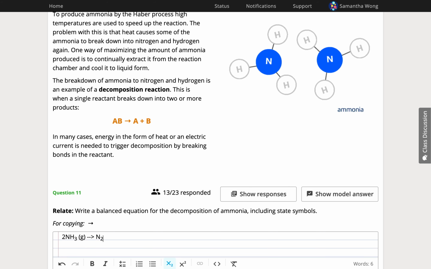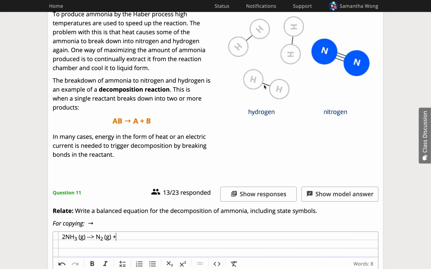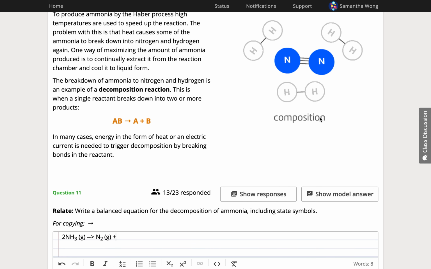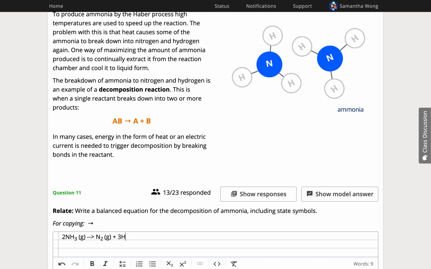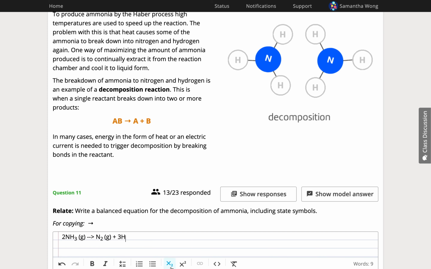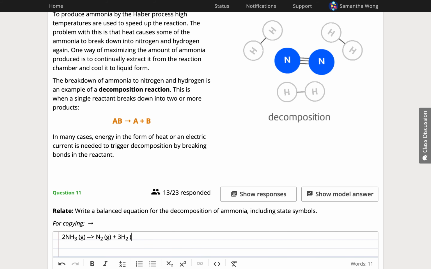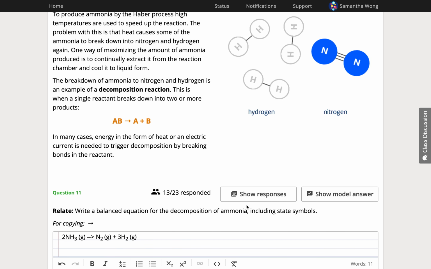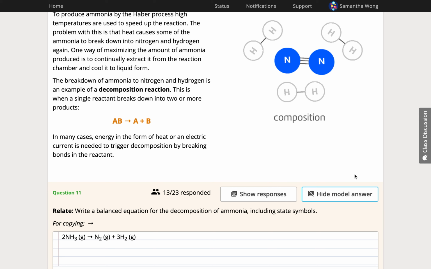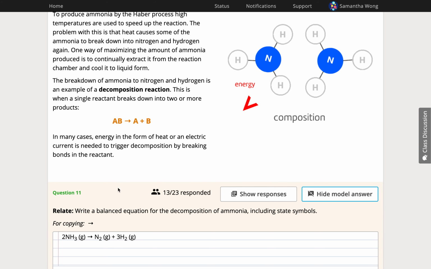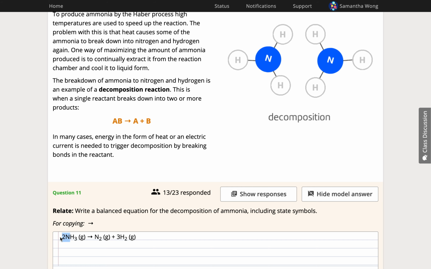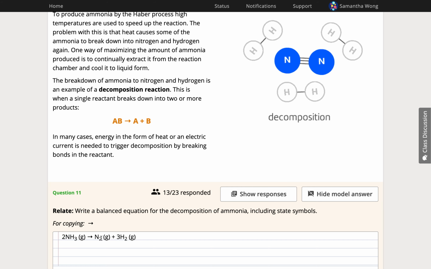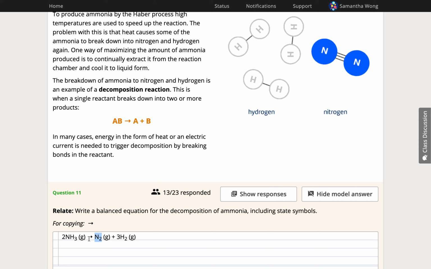And let's wait for this animation. Then we have three lots of hydrogen, so H2. So three lots of H2 gas. So if we were to break it down, we count how many nitrogens are on the left. So we've got two nitrogens on the left, two nitrogens on the right.